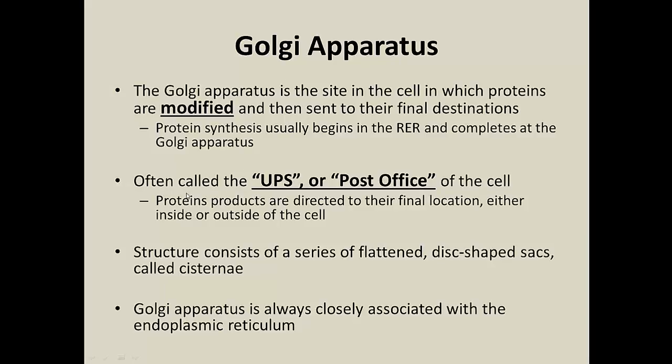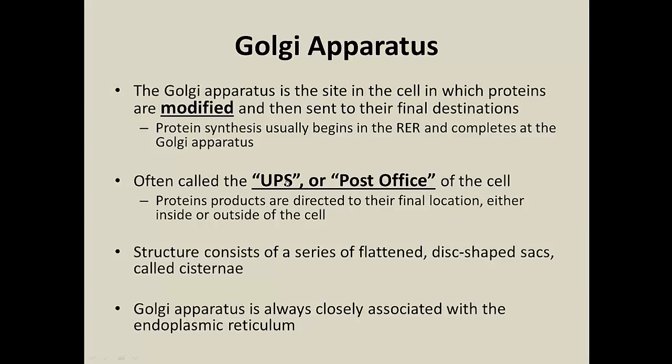But even more importantly, the Golgi apparatus is often referred to as the UPS, the post office, or the FedEx of the cell. And that's because not only does it put some of the finishing touches, but it actually delivers the product to where it's supposed to go, somewhere either inside the cell or outside of the cell. So when you take a package to the UPS, they receive the package, they put a label on the package, and then they deliver it. And the Golgi apparatus is very similar.